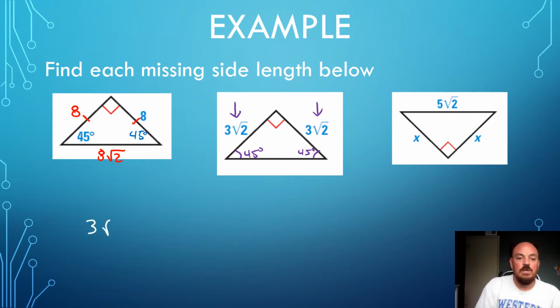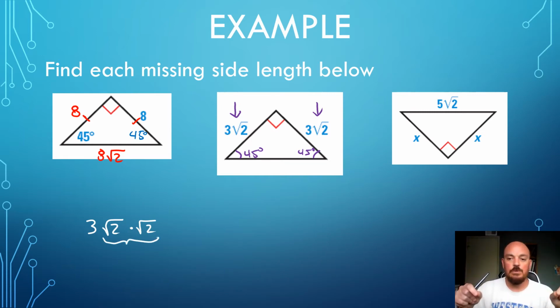I'm going to take my 3 radical 2 and I'm going to multiply it by another radical 2. Now leave the 3. Let's just look at this part right here. If you take a square root and you multiply it by itself, the square root gets canceled, because multiplying something by itself means squaring.